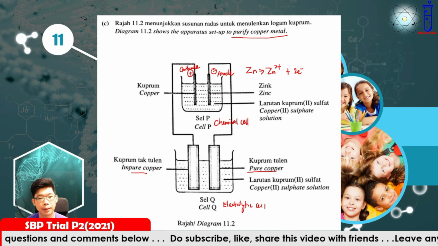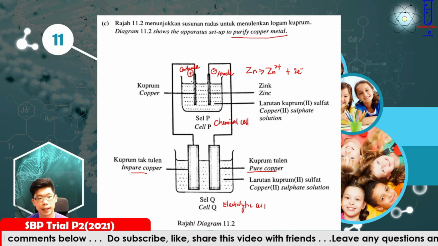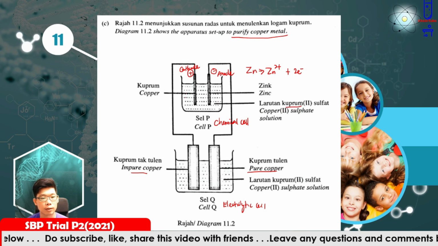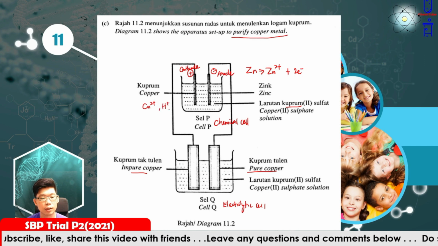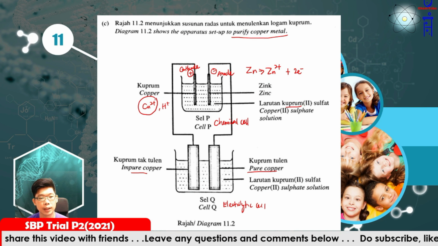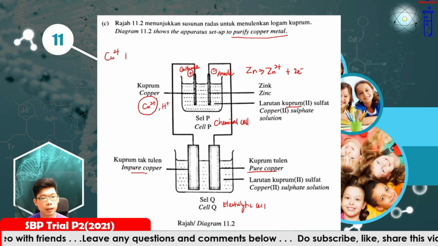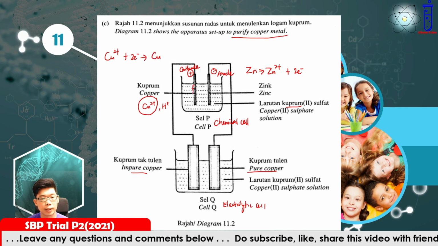For the copper cathode here, we look at the copper ions and the hydrogen ions. One of these will be selectively discharged, and copper ions are selectively discharged. Copper ions gain electrons and form copper, so the copper becomes thicker.